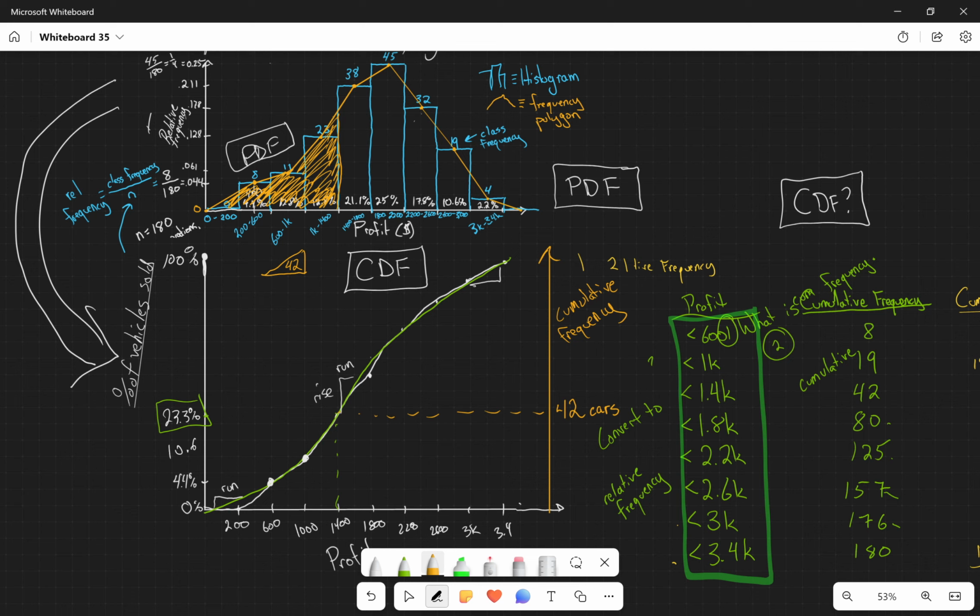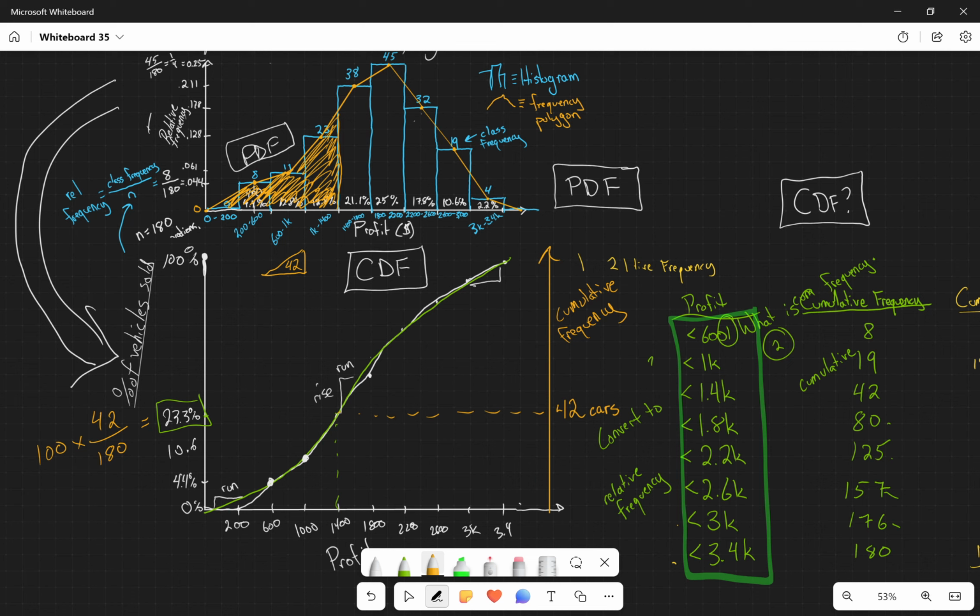So our cumulative distribution function is going to tell us the area under the curve of the probability density function. And this 42 cars, obviously, that's how we got our 23% number. We took 42 and we divided it by 180 and we multiplied it by 100.